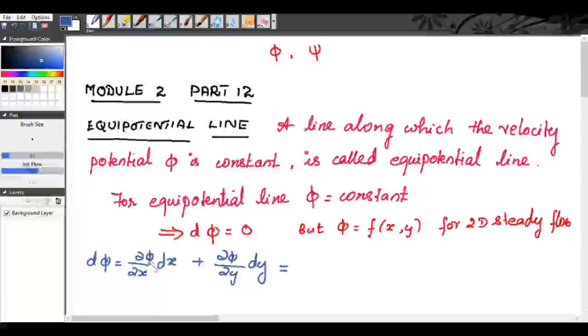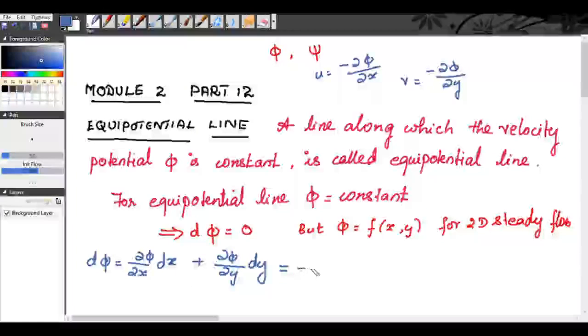We know u is equal to minus dou phi by dou x, and v is equal to minus dou phi by dou y. So we will substitute these values. We get minus u into dx minus v into dy.